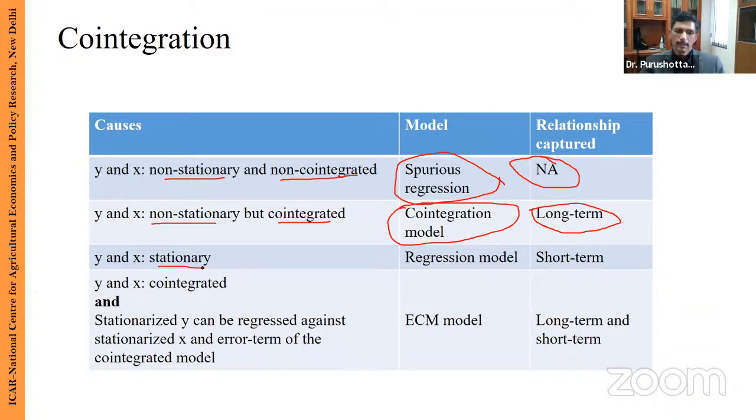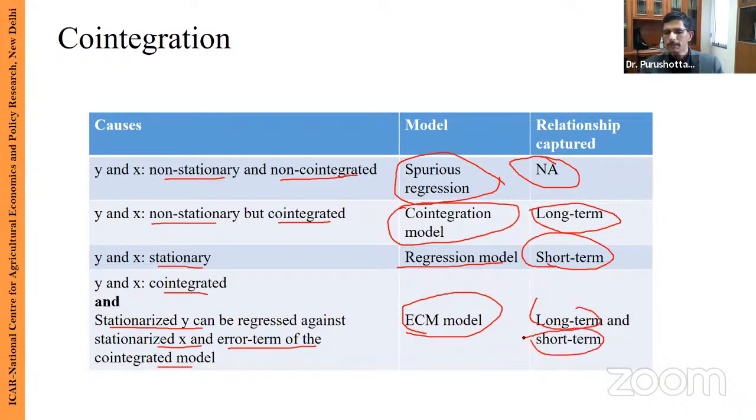If y and x are stationary, then it is a regression model and only the short-term relationship is captured. But if y and x are co-integrated, then stationarized yt can be regressed against stationarized xt, and we can go for the error term of the co-integrated model. Then we are going to put in the error correction model, and we are going to capture both long-term as well as short-term relationships in that.